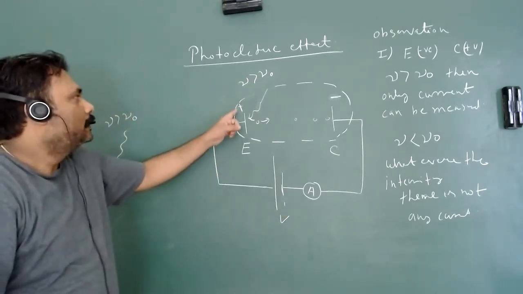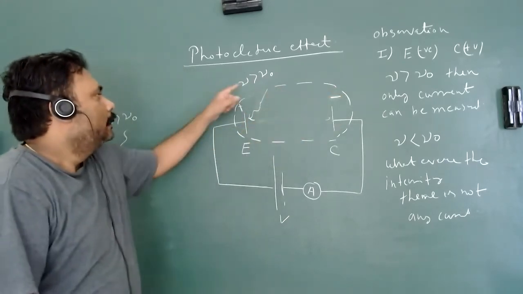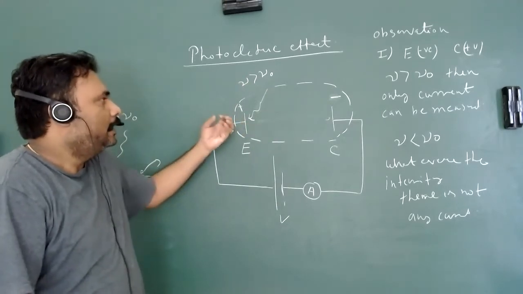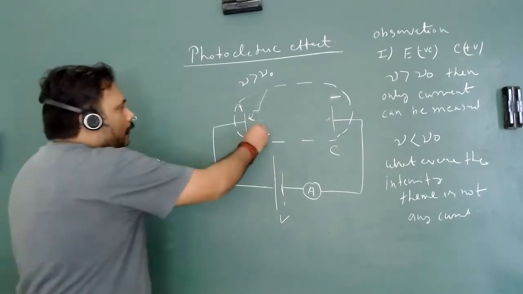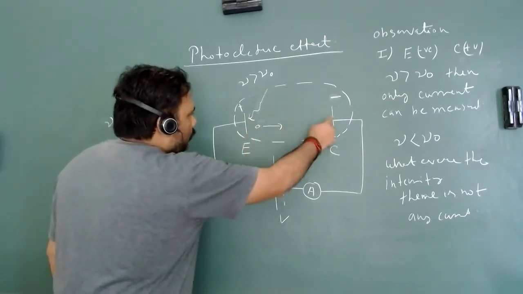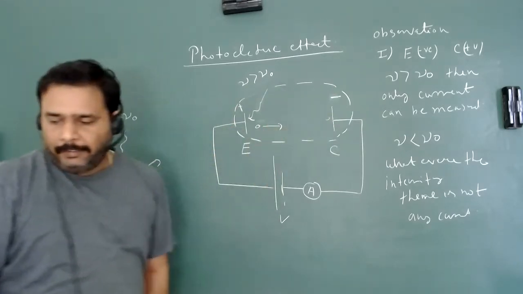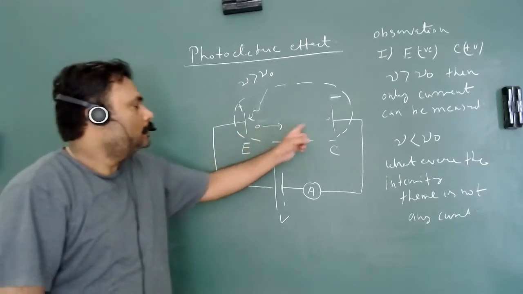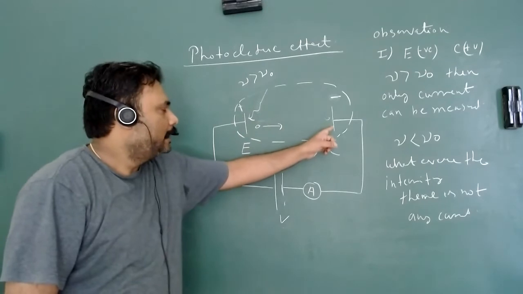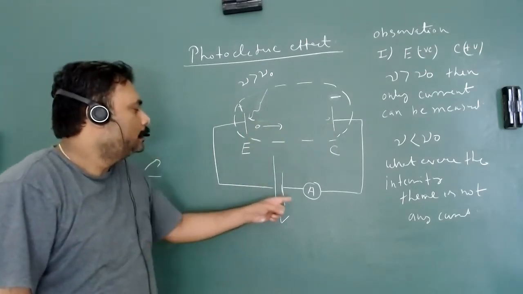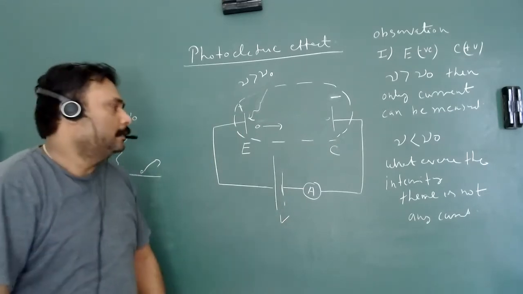Now this is positive and this is negative, so this will try to attract the electron and this will try to repel the electron. So only those electrons that have more kinetic energy will reach up to this level. Only those electrons will reach there which overcome this particular potential, which is a negative potential.